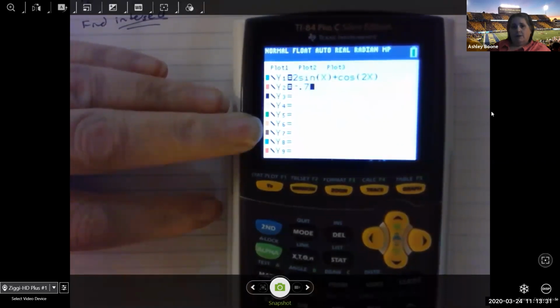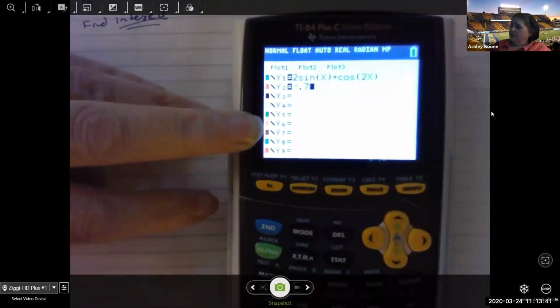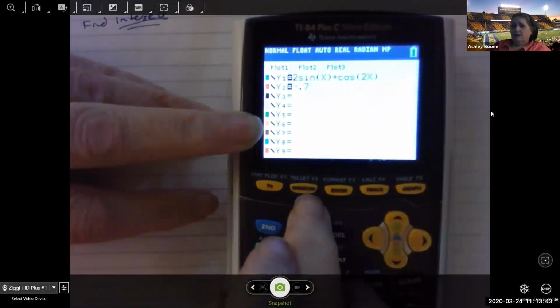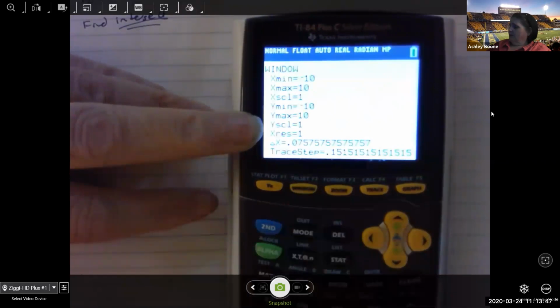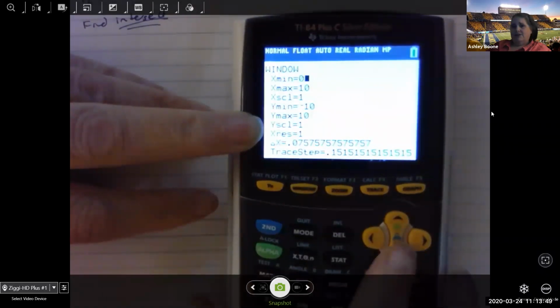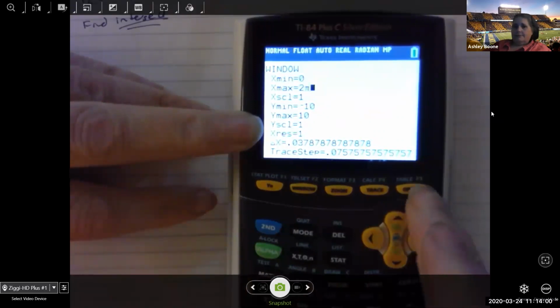Now I'm interested in the interval from 0 to 2 pi, so I'm going to go to the window setting right here and make sure the x values are only from 0 to 2 pi. And I'm going to hit graph here.